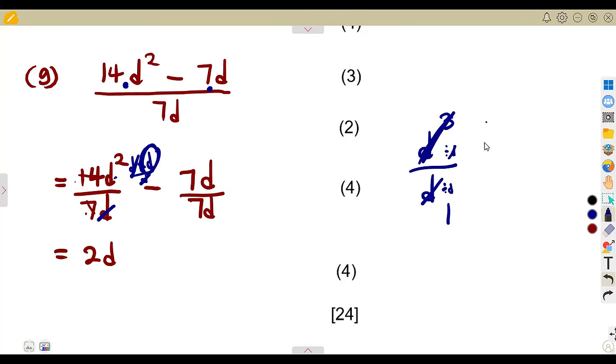How many will remain? I'm going to remain with the 2 D's. These 2 D's, D times D, remember from our exponents, we said it's the same as D to the exponent of 2. So on this one, it was D to the exponent of 2 over D. There are 2, this one is 1. So if I cancel, how many will remain? Only 1D will remain. Okay, that's the idea there.